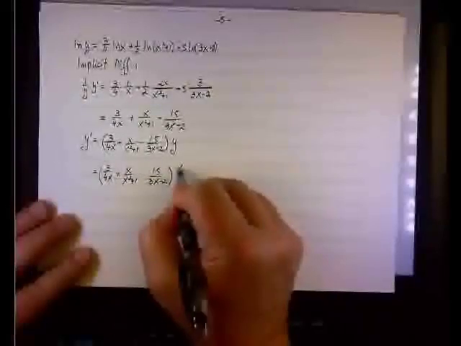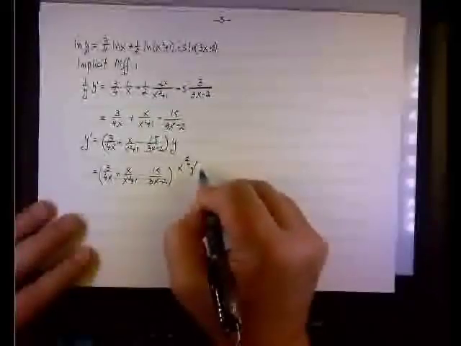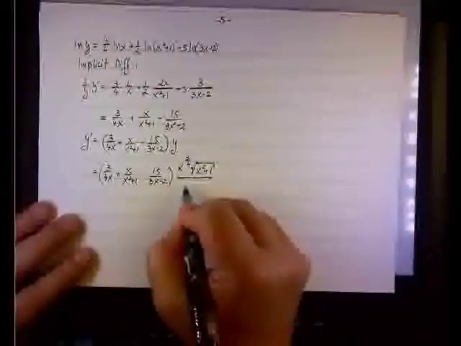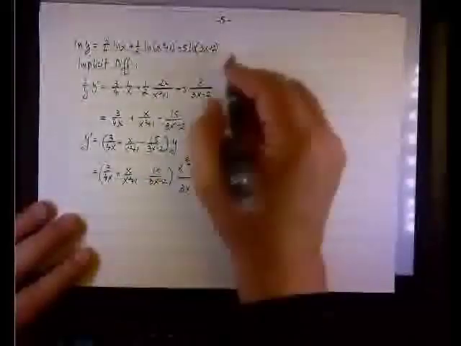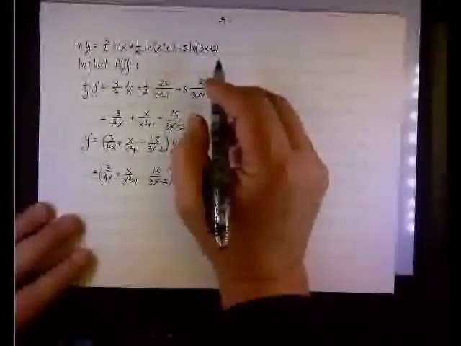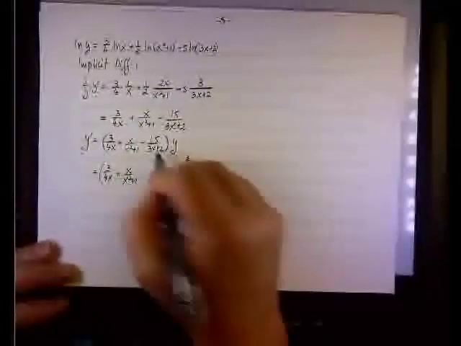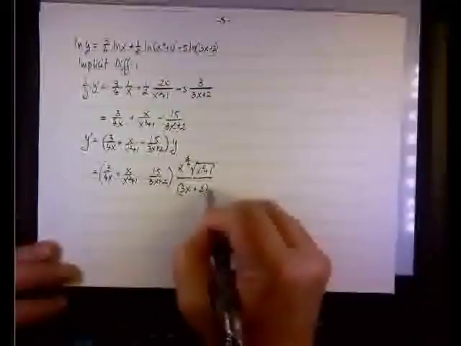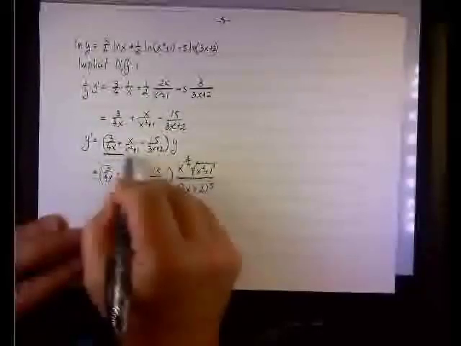The function we started with was x to the 3/4 times the square root of x squared plus 1, divided by 3x plus 2 to the 5th power. Let me look at the original function. Plus 2, yes. And that is the answer.